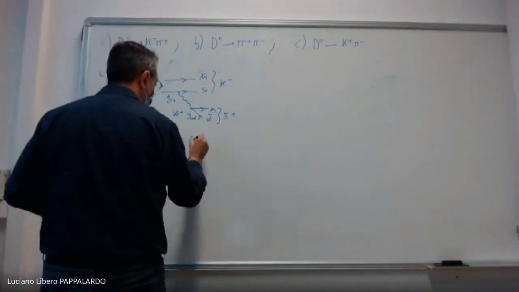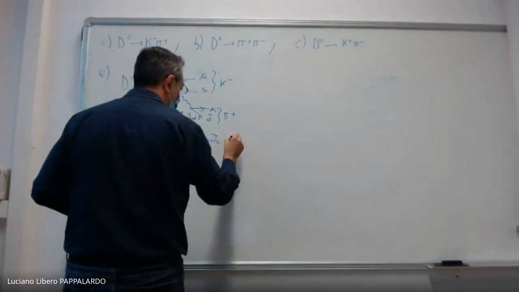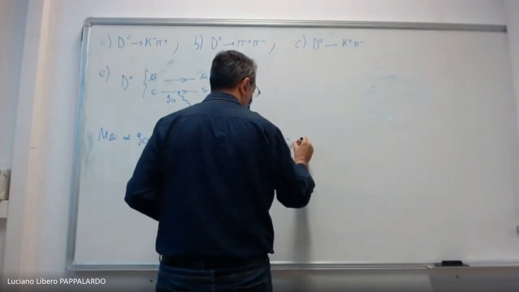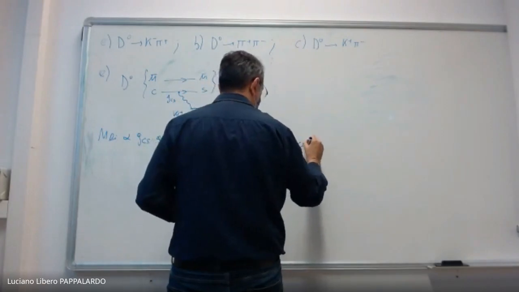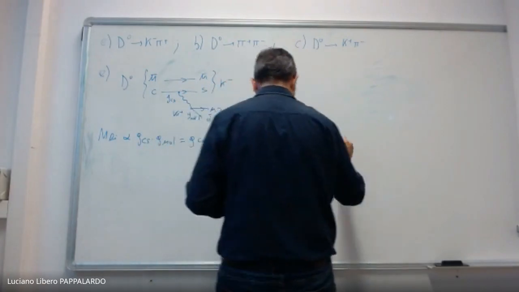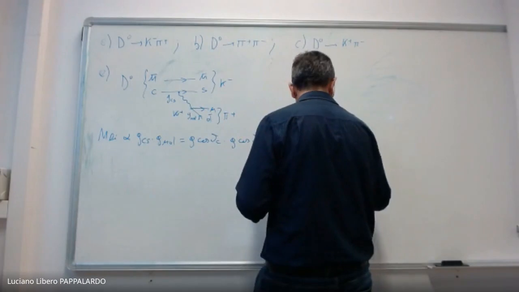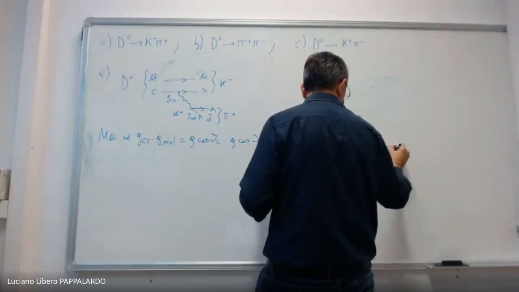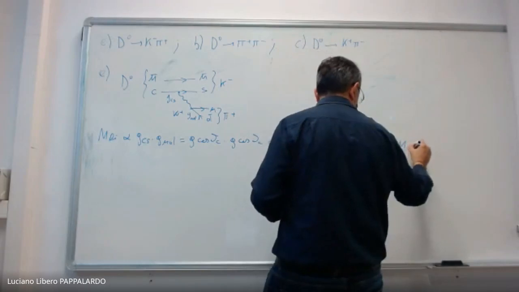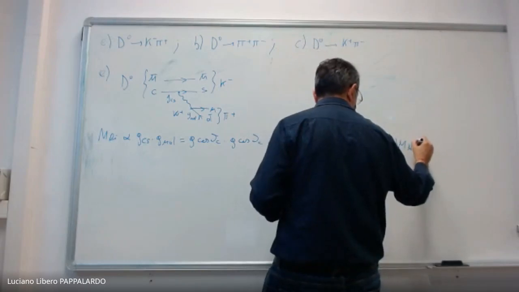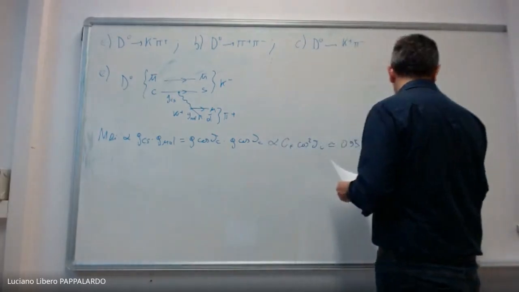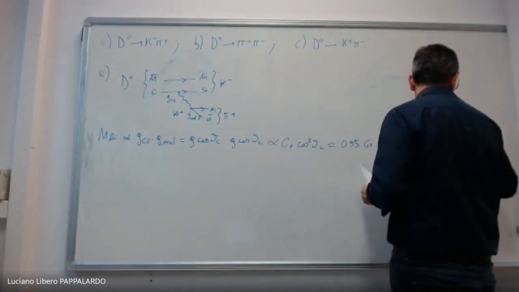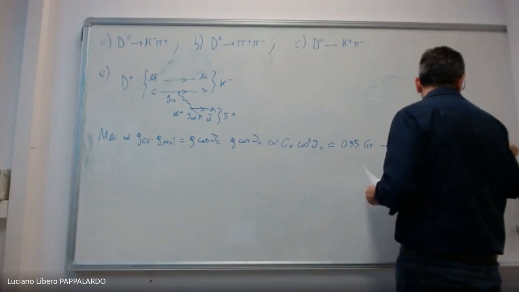So this is G cosine theta_C times G cosine theta_C. So this is proportional to G_F cos squared theta_C, and so this is 0.95 G_F. And then when you calculate the square of this, it is 0.90. This is Cabibbo favored.